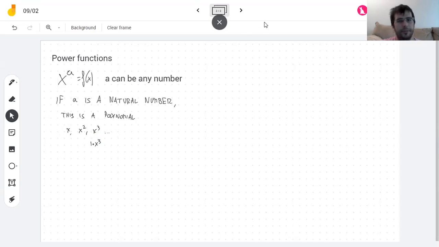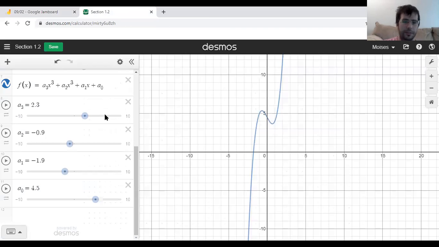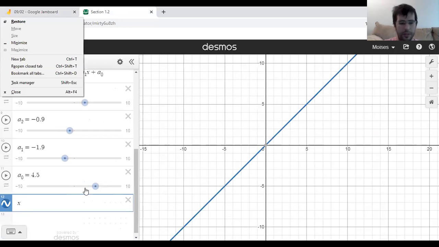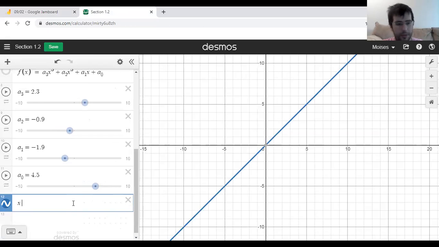One thing that's worth knowing about these is that all the even powers look very similar and all the odd powers look very similar.